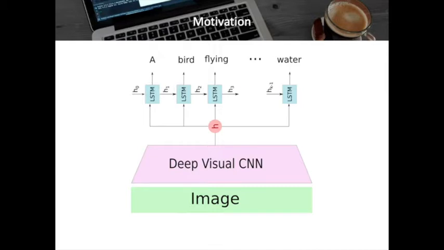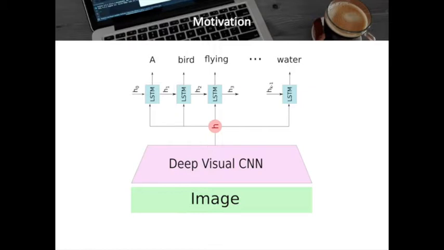We can start by using a trained convolutional neural net on the image that would produce some hidden state H. This hidden state would subsequently be decoded by a recurrent neural net, which then would generate each word of the caption.